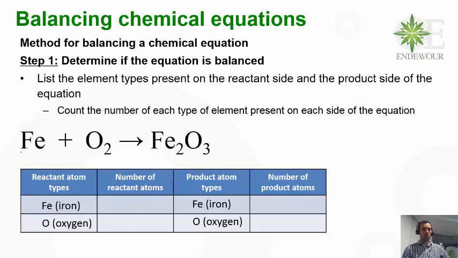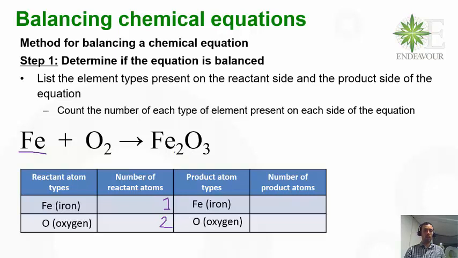For Fe, there's no subscript, so that means we're going to have just one atom there. For O2, we've got a subscript of 2 after the oxygen. So how many oxygens would there be then? We've got 2 oxygen atoms in that one molecule, so that becomes 2.